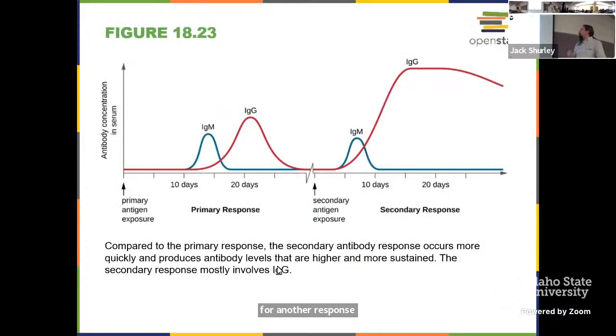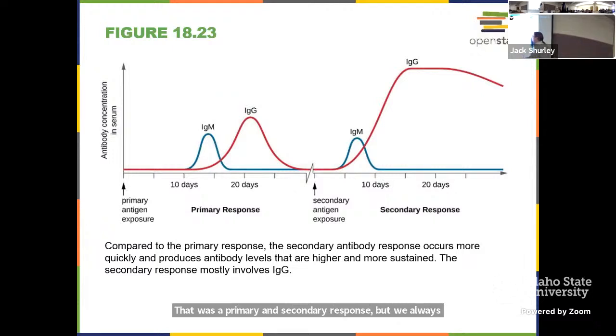So we showed at the start of this chapter an immune response that was a primary and secondary response, but we only showed one line as we moved through there. It was kind of the average of IgM and IgG together put onto that figure.